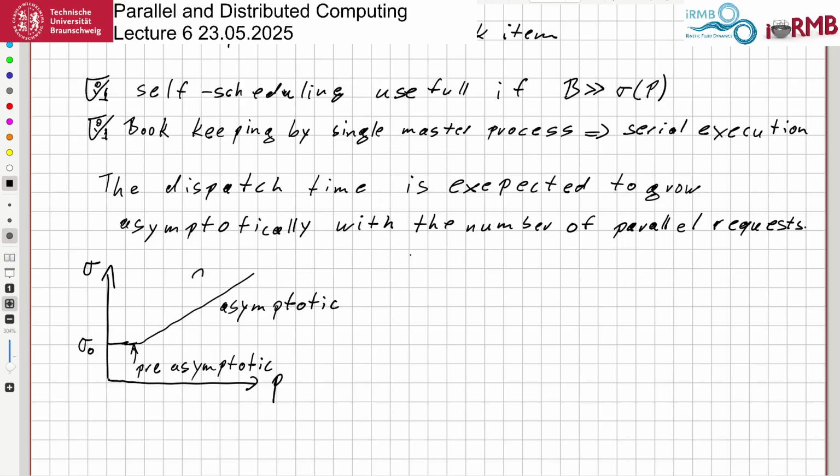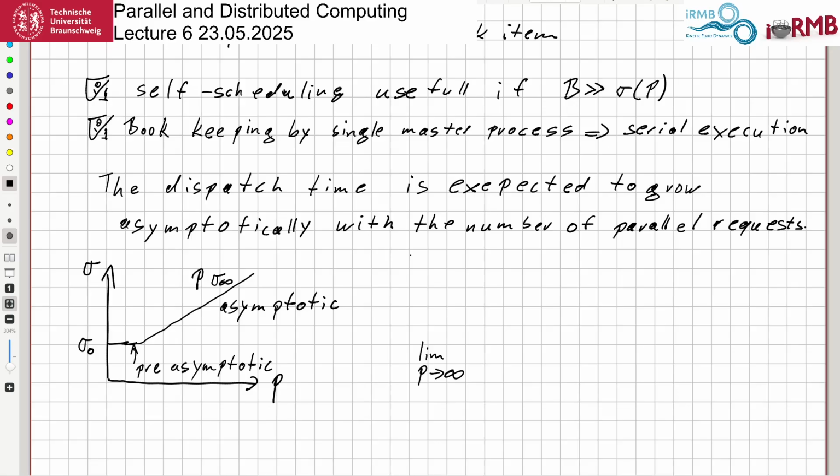But up here we'll have something that is proportional to the number of requests that arrive, because they constrict each other, times another constant that we call now sigma infinity, in the limit for p going to infinity.